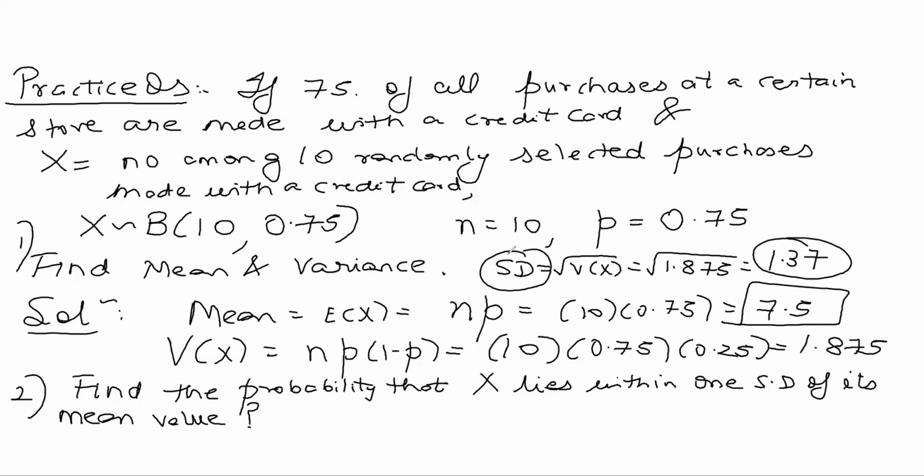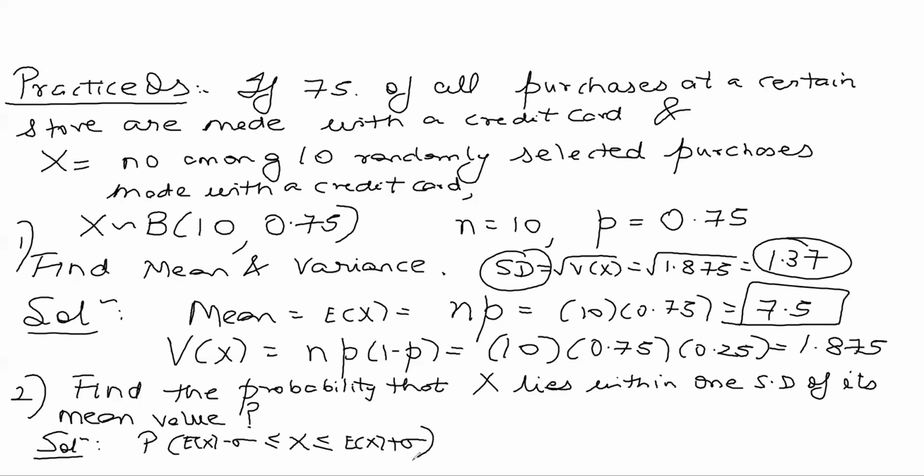So what are they asking? They are asking, what is the probability that the random variable X lies within one standard deviation of the mean value? Within one standard deviation of the mean value means between E of X minus sigma and E of X plus sigma.